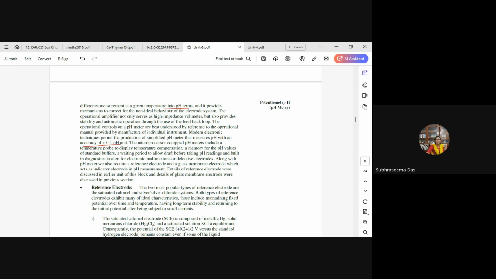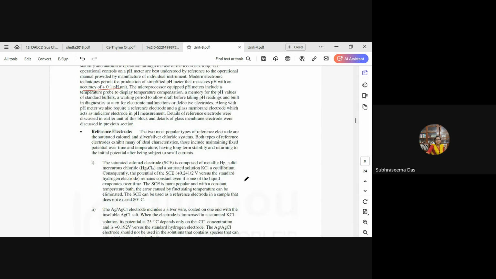Now we'll look at some of the reference electrodes and glass electrodes that we are using here. First we'll begin with reference electrodes. The two most popular types of reference electrodes are the SCE, the saturated calomel electrode, and the silver chloride, the AgCl electrode. Both these types have many ideal characteristics.